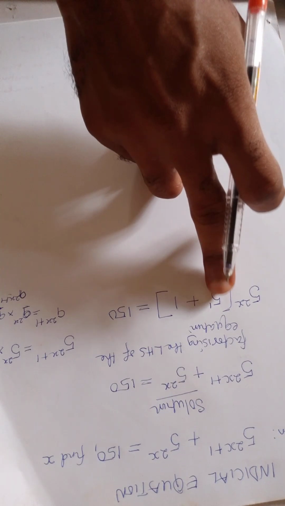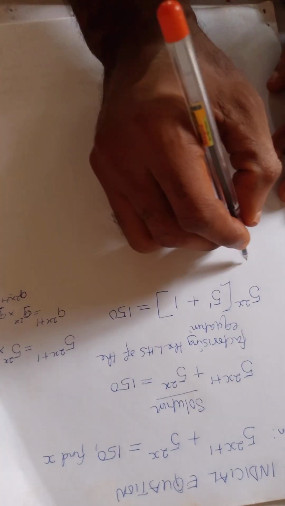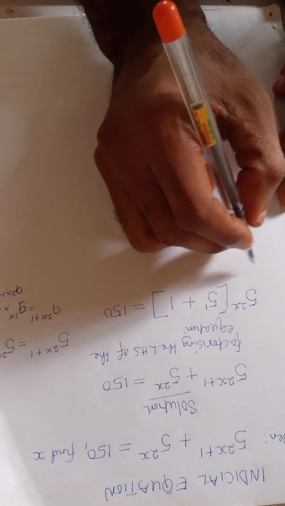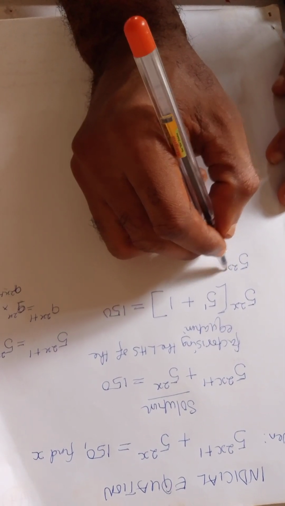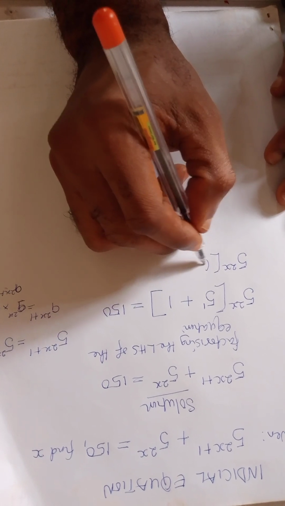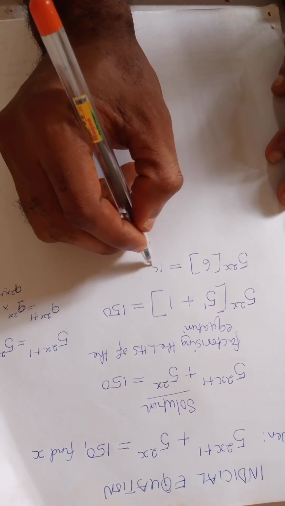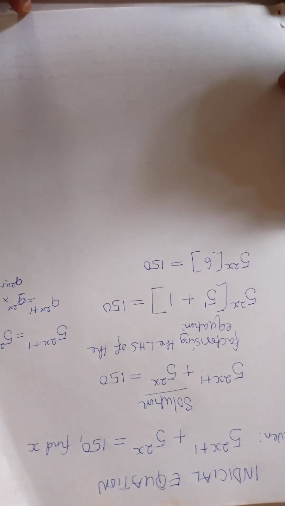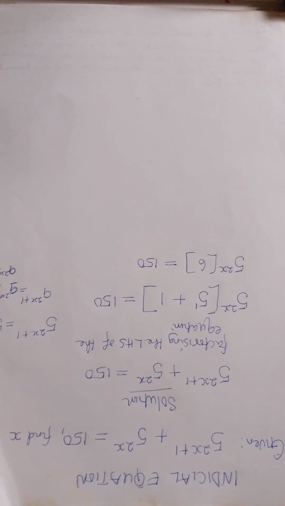Now, of course, we know that 5 raised to power 1 is 5, plus 1 is 6. So from the left hand side of the equation, we are going to have 5 raised to power 2x into 6, that is 5 plus 1 is 6, equal to 150.